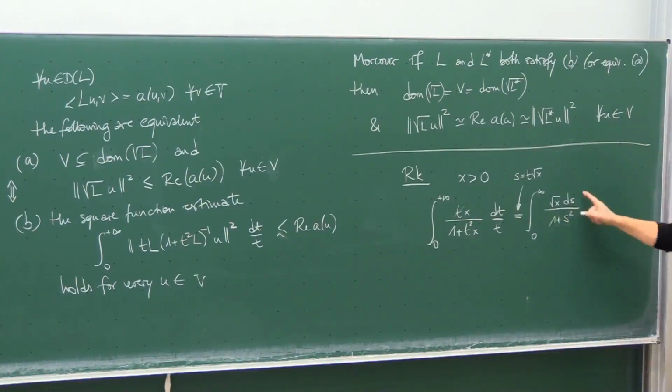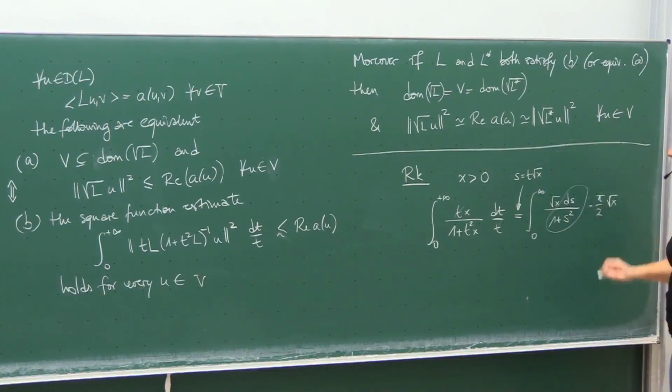And so we know a primitive for this function. It's arctangent, and at plus infinity it is pi over 2, and at 0 it's 0, so this is pi over 2 times square root of x. Okay? So the constant c is pi over 2.